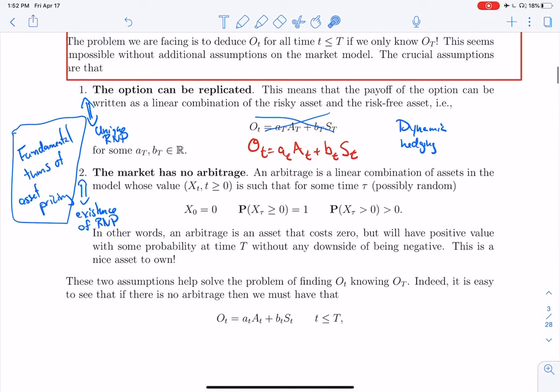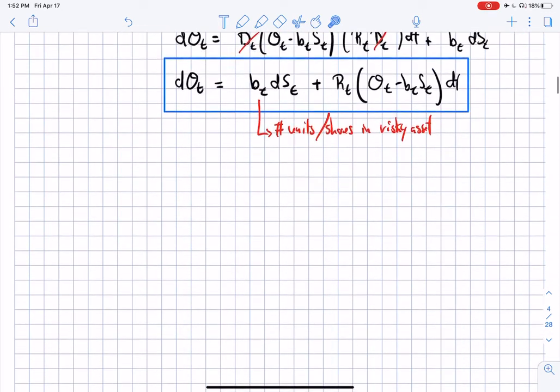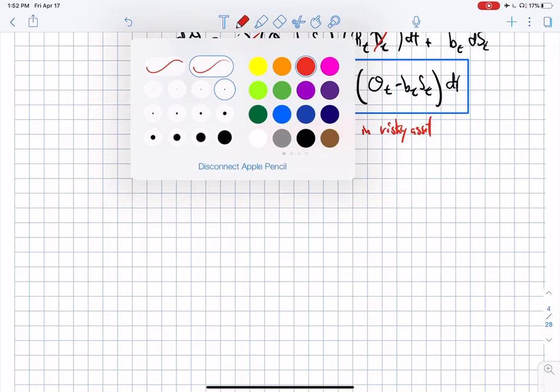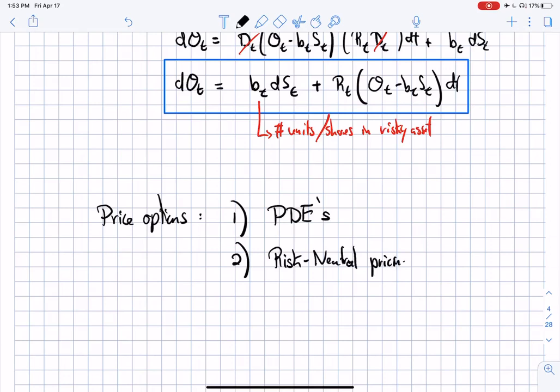All right, so how are we going to do this? We'll see two ways to price options. One is using PDEs, and we're going to do that for Black-Scholes first. The second one is using risk-neutral pricing, using the risk-neutral probability, and that's where we're going to see Girsanov's theorem, which is the last big theorem in probability we're going to see.